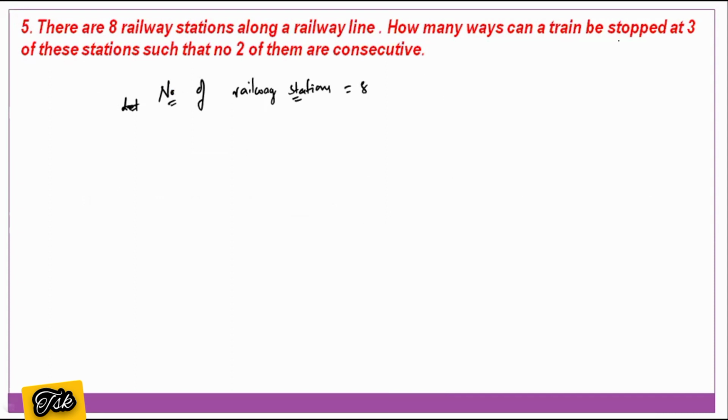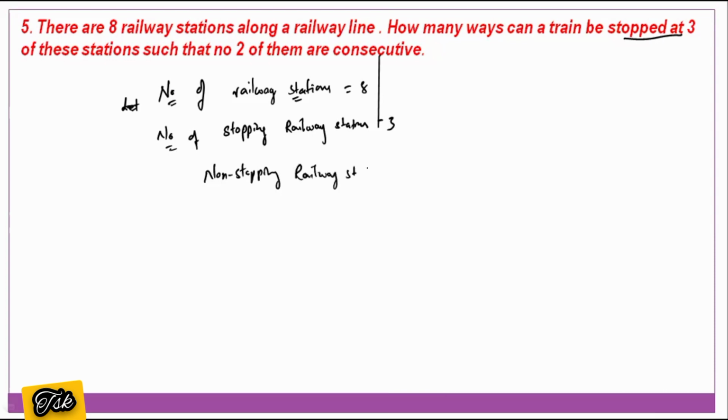We have to stop at 3 stations and the remaining 5 are non-stopping. The number of stopping railway stations is 3, and the non-stopping railway stations is equal to 5.